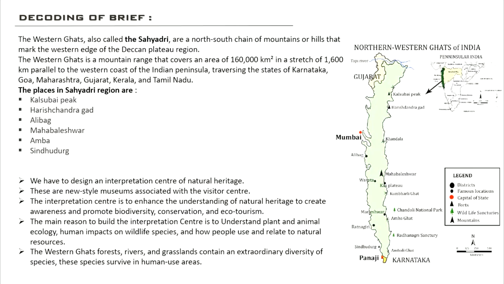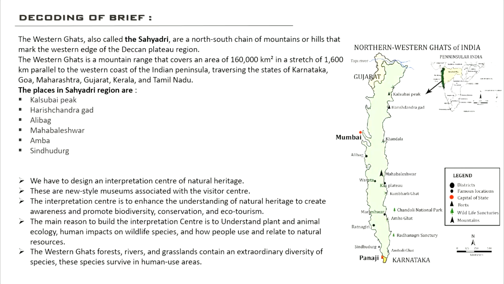Interpretation Center is to enhance the understanding of natural heritage to create awareness and promote biodiversity, conservation, and ecotourism. These are new style museums associated with the visitor center.